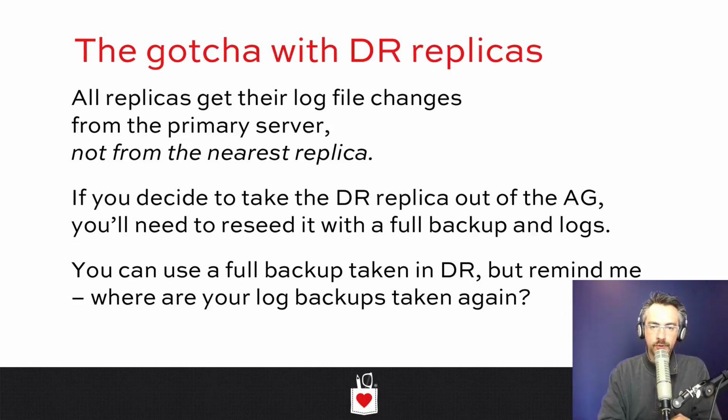There's another gotcha whenever a DR replica fails. Remember that the replicas, whenever they have to come back online, are going to get their data from whoever is the primary. Imagine I have a DR replica fail for 4 hours or 8 hours. When it comes back online, all of a sudden I'm going to hammer that network, pulling all of the traffic down from whoever is the primary right now.